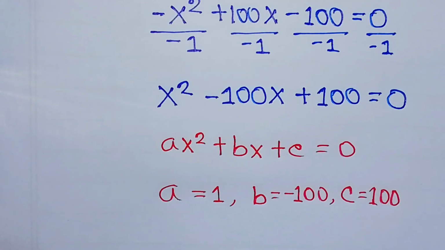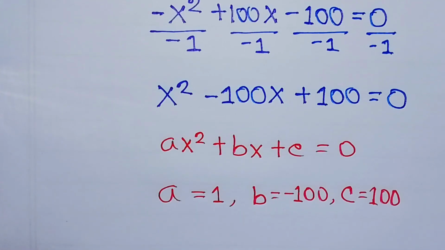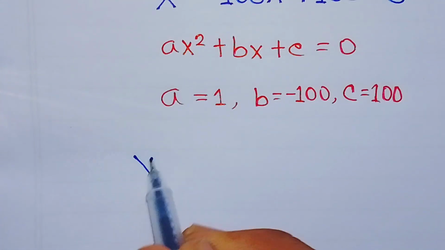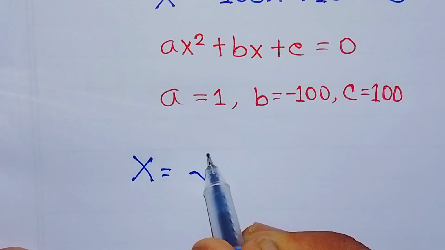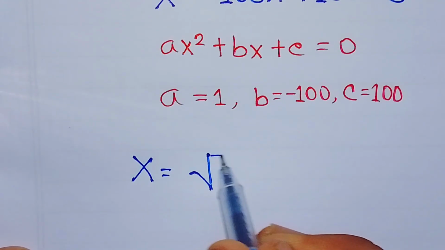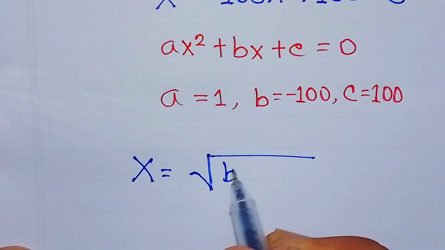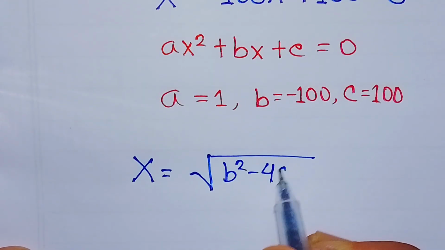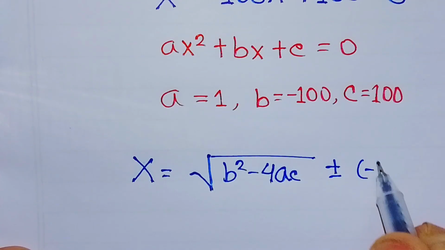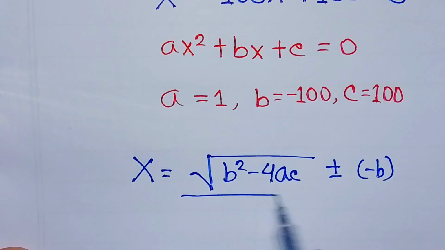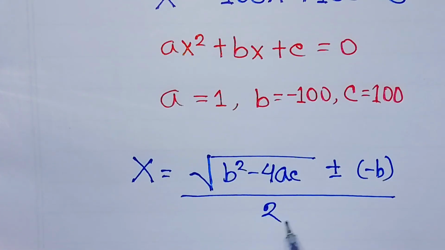So now we have to just replace this a, b and c's value into the quadratic formula, which we can write as x equals minus b plus minus root over b square minus 4ac, divided by 2a.